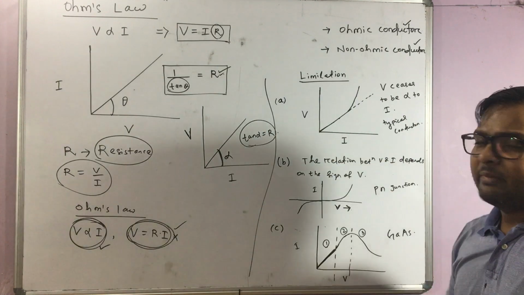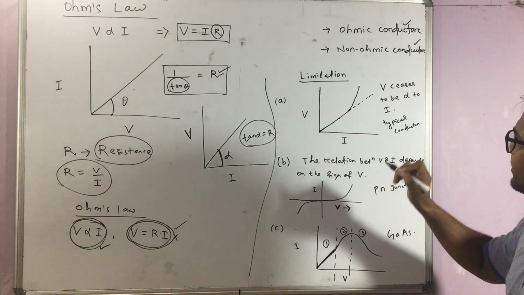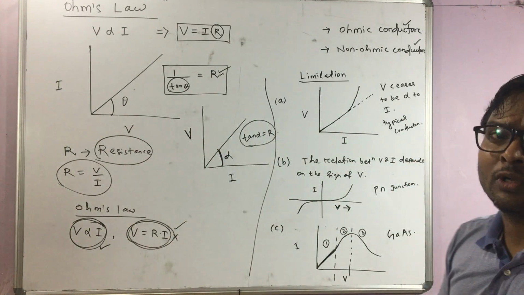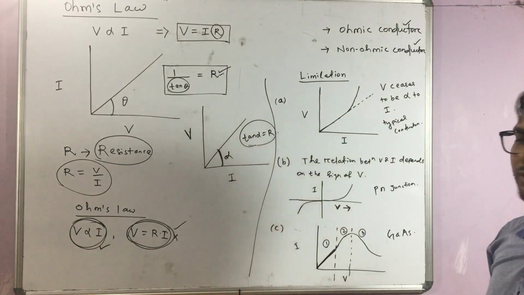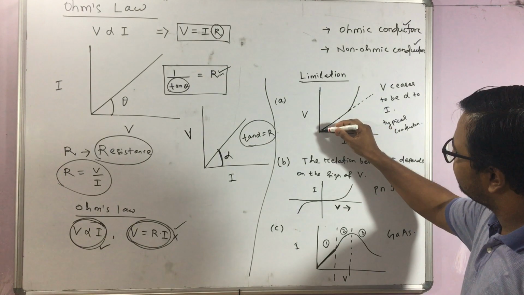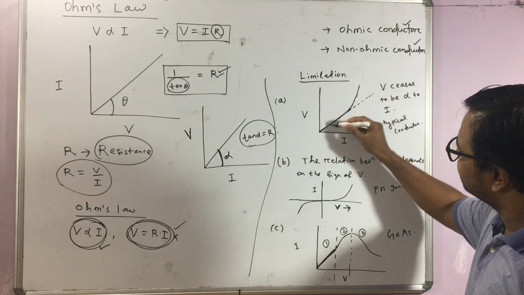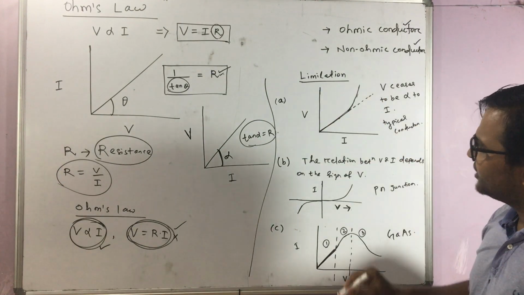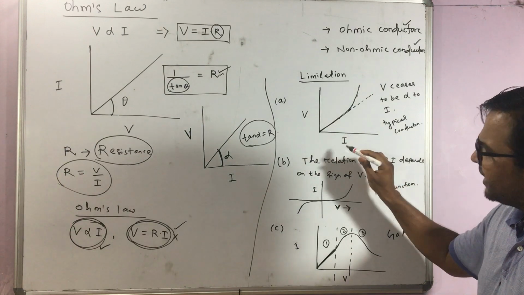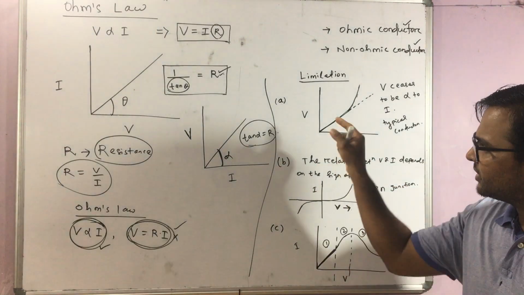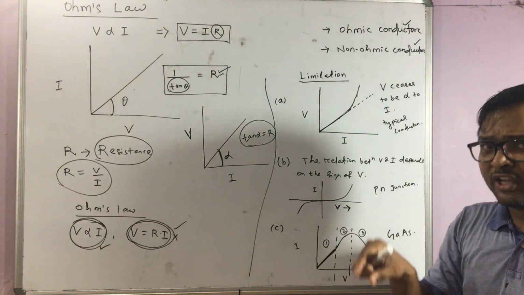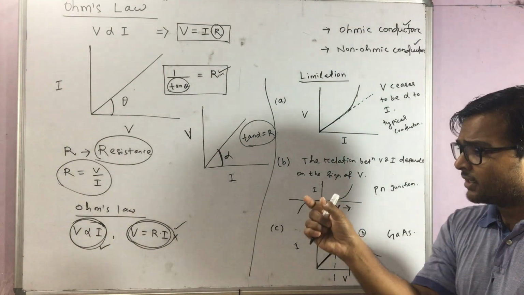The first limitation is that V ceases to be proportional to the current. For a typical conductor, you see the graph; this is the actual graph for a conductor. The solid line represents the graph between V and I across a conductor, where you apply a potential difference with a voltmeter and measure the corresponding current.